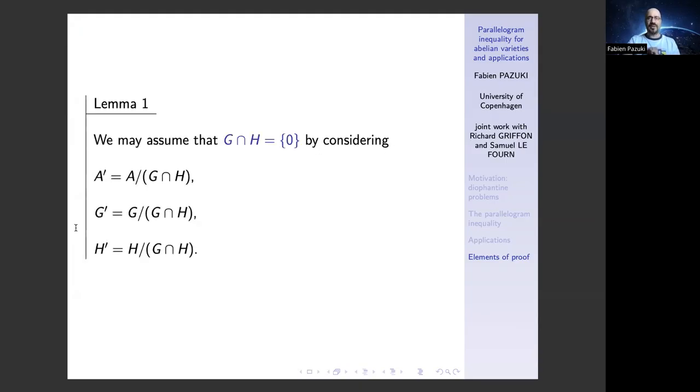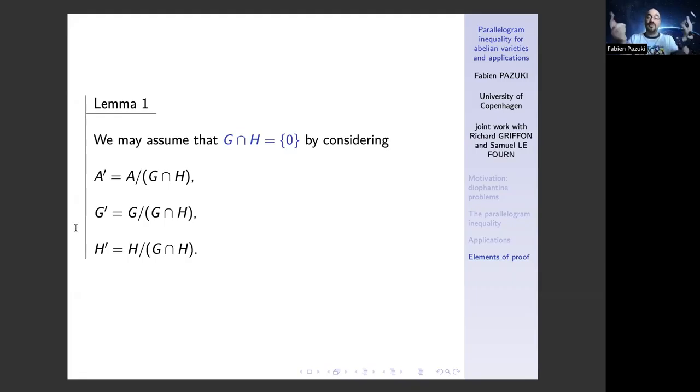Okay, lemma 1 is kind of a nice lemma. It's not too hard to prove. It says basically you don't want to keep track of this G intersected with H because the notation is heavy. So you can actually assume, for what you want to prove. What do you want to prove, by the way? You want to prove the parallelogram inequality.